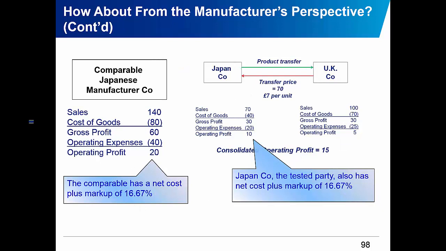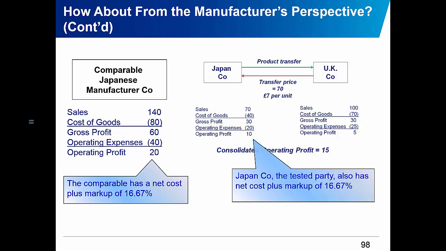And if we found, say, a comparable Japanese manufacturer, and here we have one that has a P&L that is, again, its sales level is double that of the Japan company who's a related party for us. But if you notice in this case, I made it kind of simple. They both earned exactly the same markup above costs.